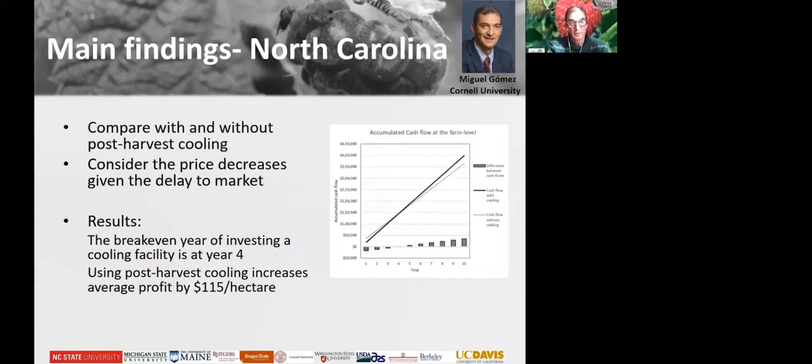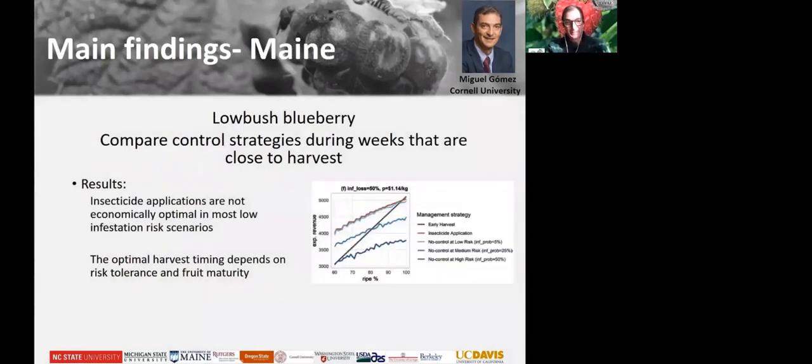After year 4, you recover your investment and it becomes profitable to have cooling. We also find that once you have the cooling equipment, if you use post-harvest cooling as a strategy to control, then the average profit increases by over $100 per hectare, which is about $50 per acre. Next, please.